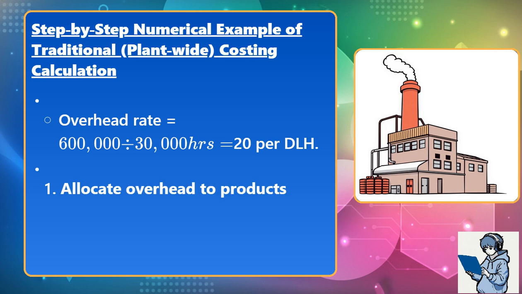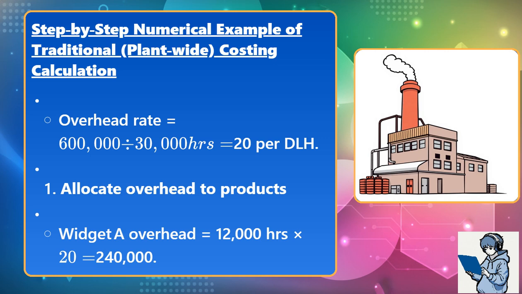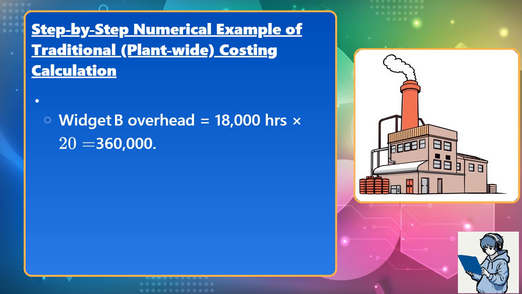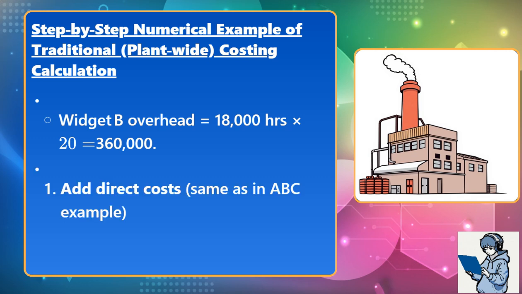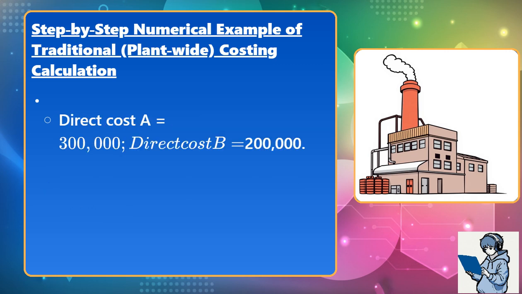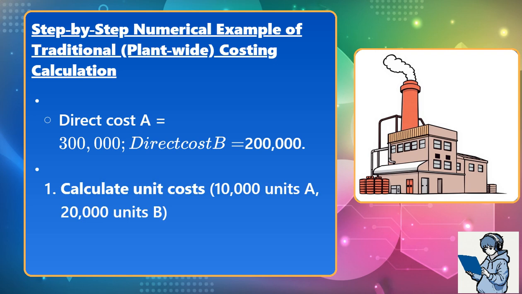3. Allocate overhead to products. Widget A overhead equals 12,000 hours times $20, which is $240,000. Widget B overhead equals 18,000 hours times $20, which is $360,000. 4. Add direct costs, same as in the ABC example. Direct cost A equals $300,000. Direct cost B equals $200,000. 5.